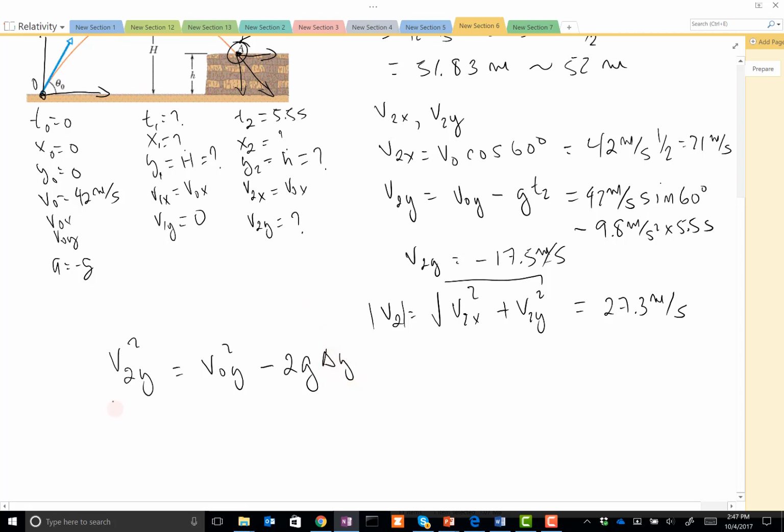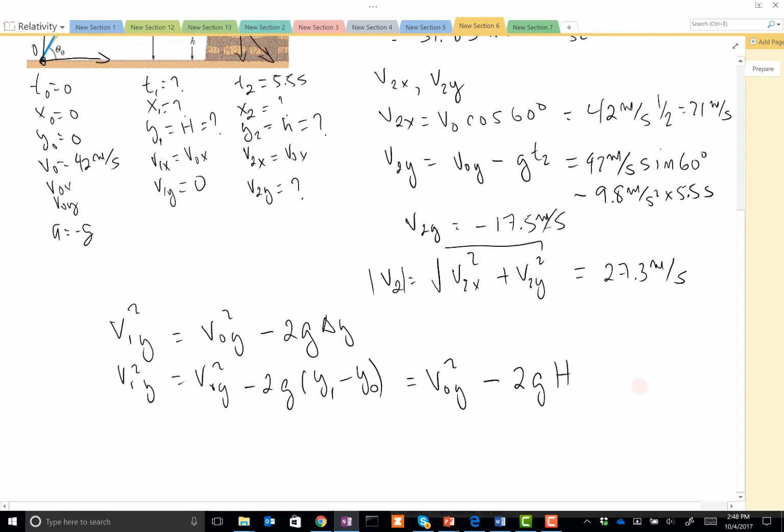Sorry, I'm missing something, this should be v1, because I'm looking at points 0 and 1. So this is y1 minus y0, equal to v0y squared minus 2 times g times h.